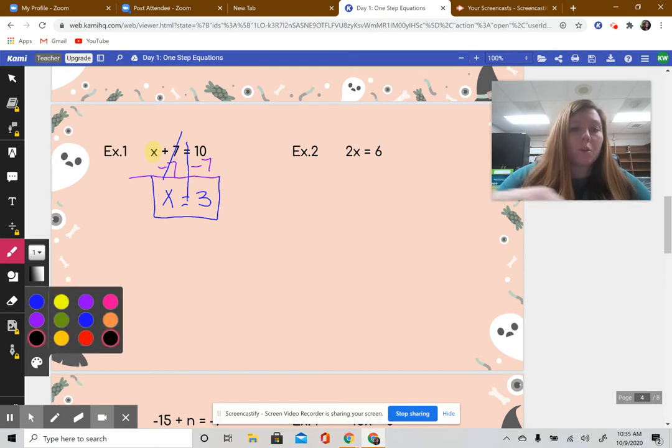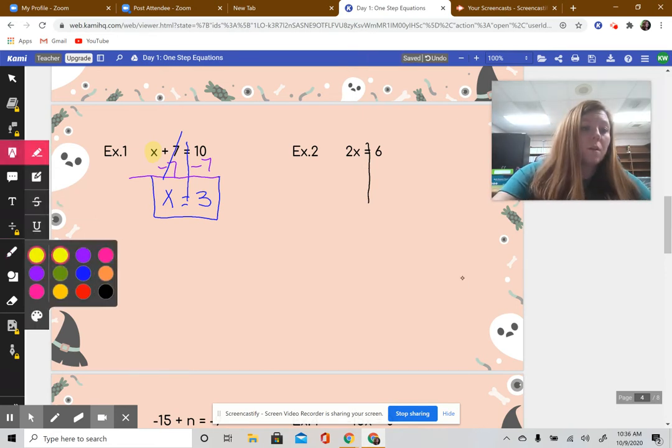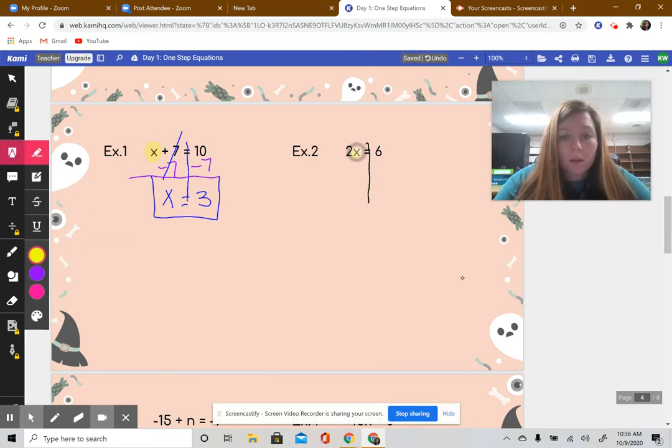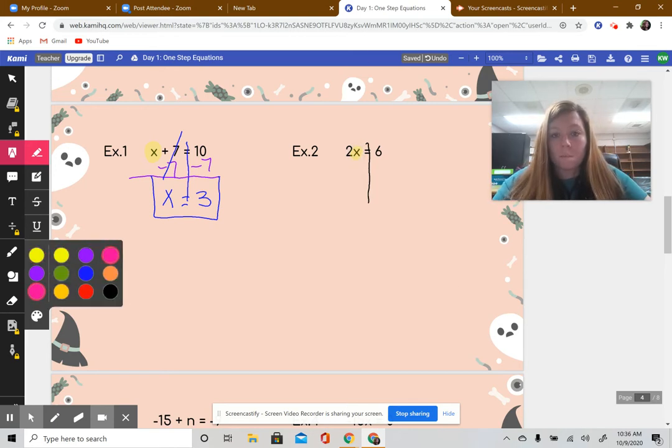All right, let's look at example number 2. This says 2 times x is equal to 6. So again, what is making the x not alone? The 2, right? So I have to ask myself, what is the operation going on between 2 and x?